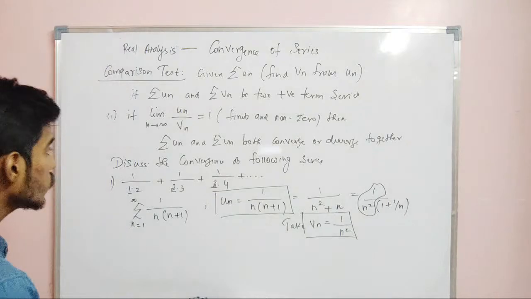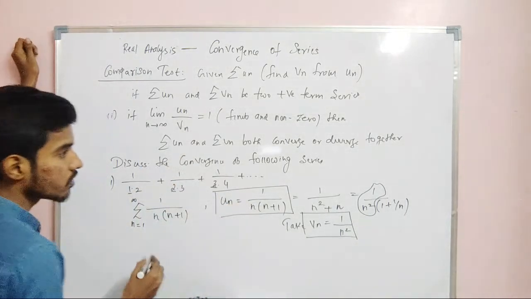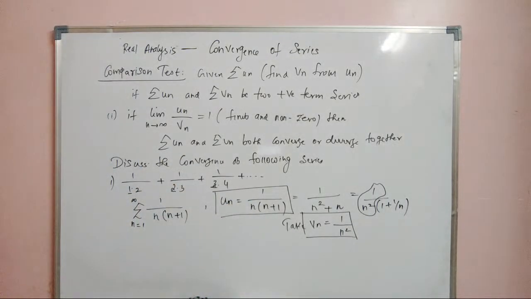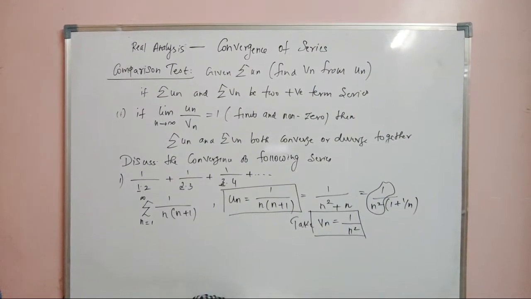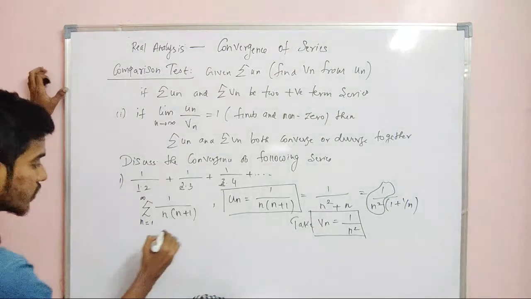Now we have found Un and Vn. Now what will be the limit as n tends to infinity of Un by Vn?